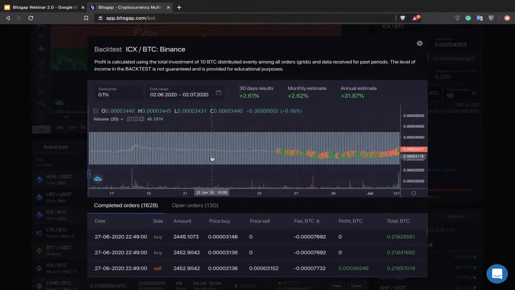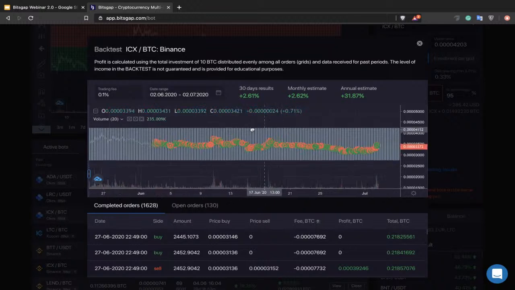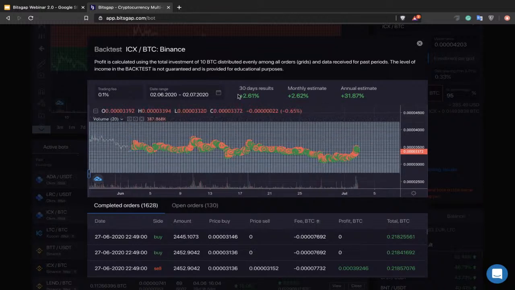So if I would initiate the ICX trading to BTC back at that time, so on the 2nd of June, up to current price, the bot would have only generated for me 2.61% in bot profit. So in this case in BTC. So we would be plus by almost 3% in BTC in this case.